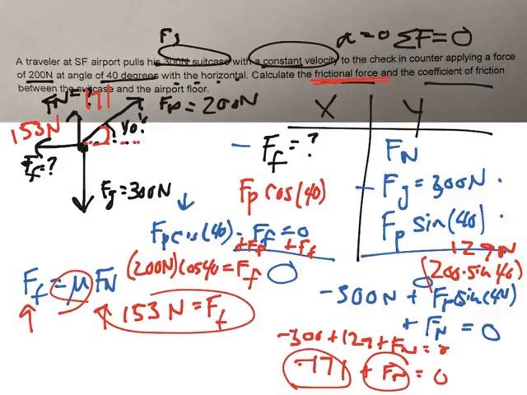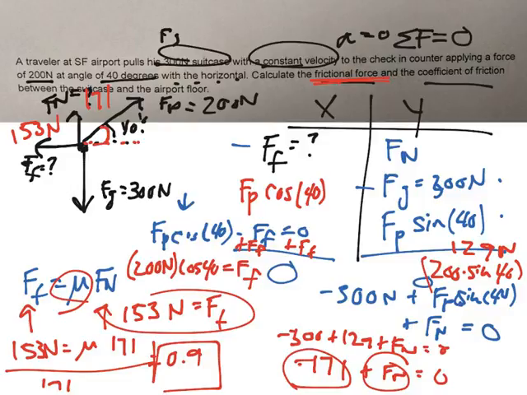So now we can solve, because we can plug everything into this. So it would be 153 newtons is equal to mu times 171. Divide by 171 on both sides, and you would get about 0.9 would be your mu.